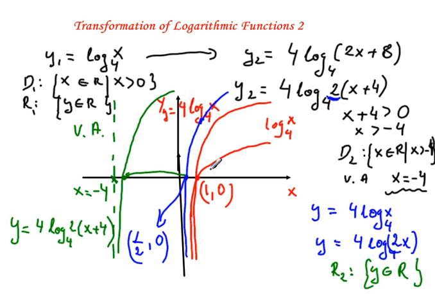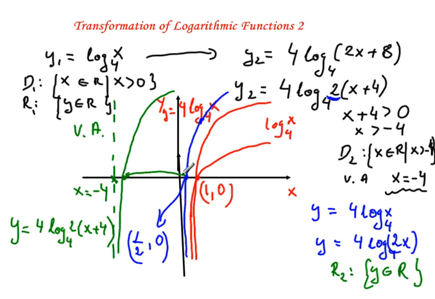So we have squeezed the graph from the existing y equals 4 log to base 4 of x into y equals 4 log to base 4 of 2x. So the x-intercept from 1 is now transformed into 1 over 2.